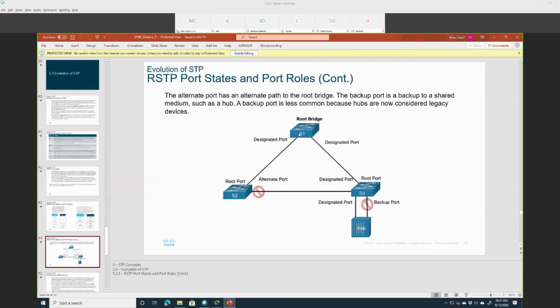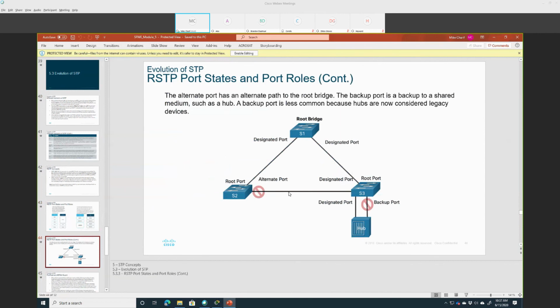Basically any endpoints, they call it point to point, connected to other devices, to other switches. So what happened here? The alternate port has a path to the root bridge, which is this.